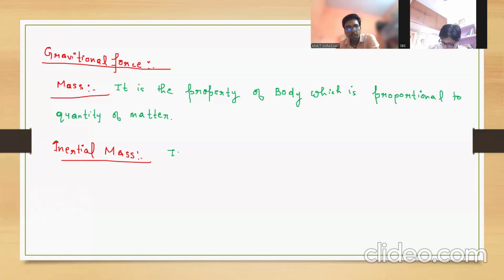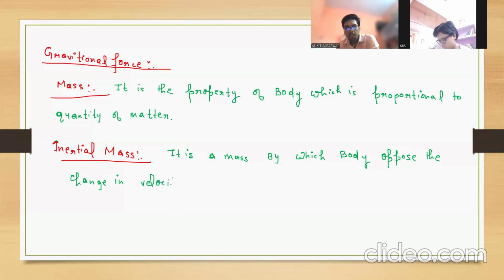It is the mass by which a body opposes the change in velocity to make the body stable.